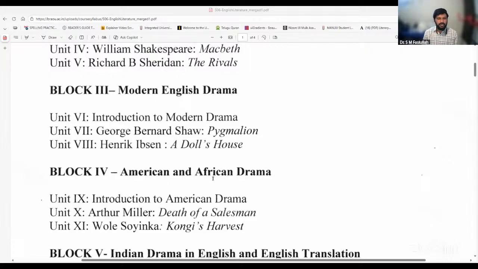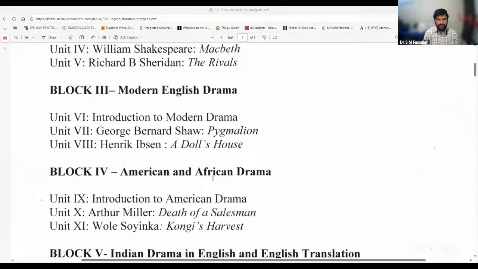So all those forms of literature are associated with the period modern. So in the case of this course, modern English drama, we are going to study under this block 3 different units: Introduction to Modern Drama, and then 2 different texts.